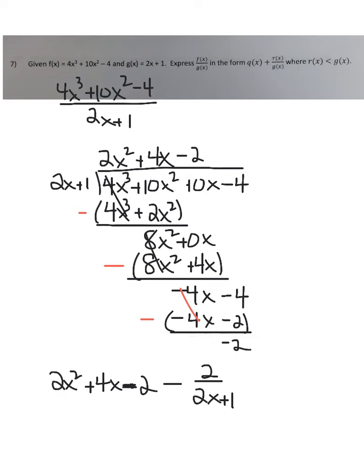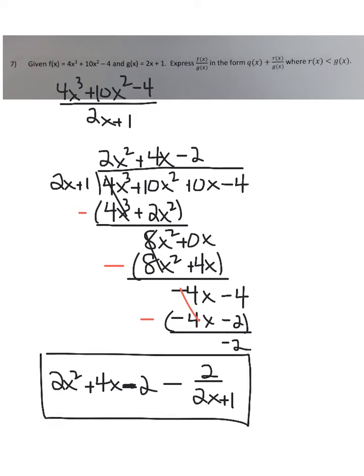So it's just our quotient, which is our answer when we divide. And then in this case, we're subtracting, because our remainder was negative, and it's our remainder over what we divided by. So we did put it in that form. They just worded that question so bizarrely that it kind of threw kids off, okay? And that is our answer for number 7.